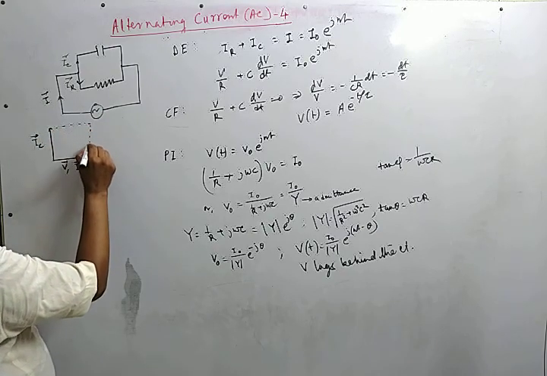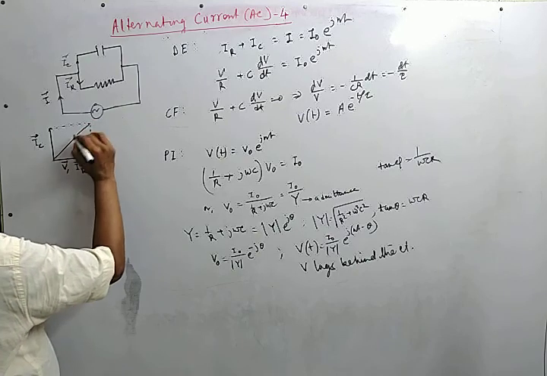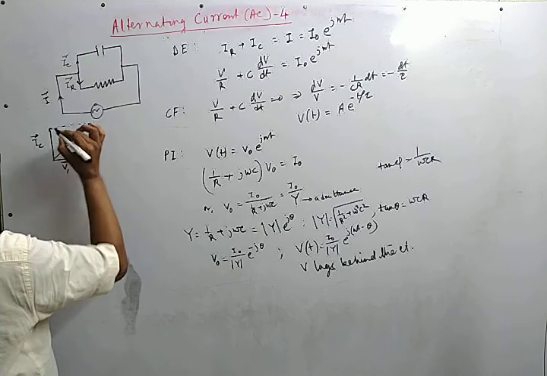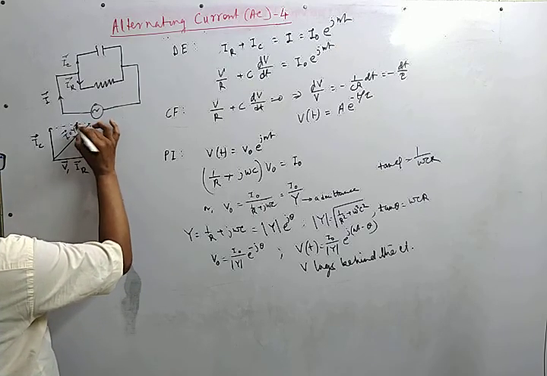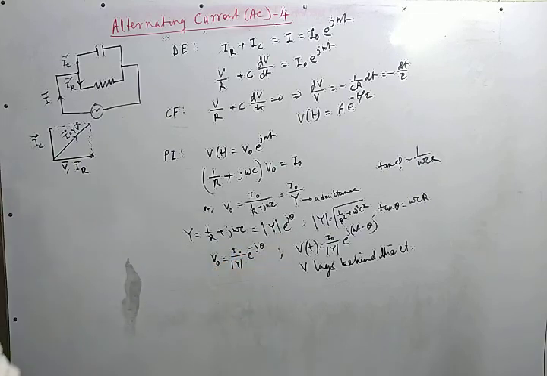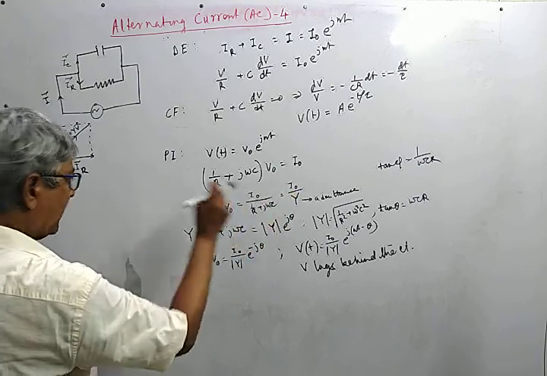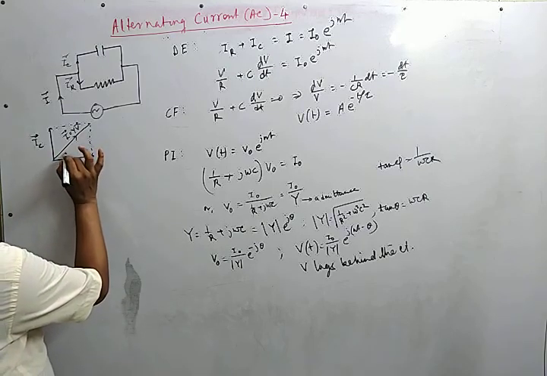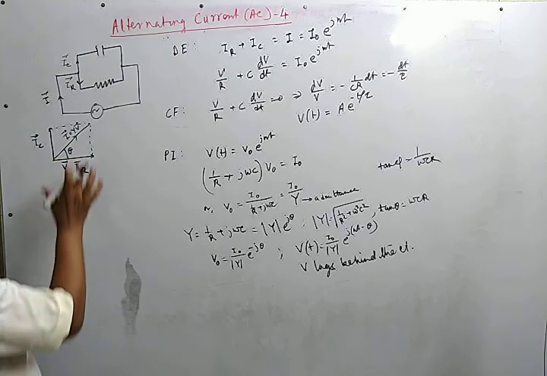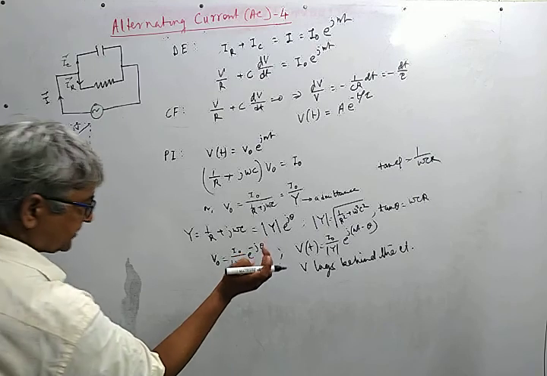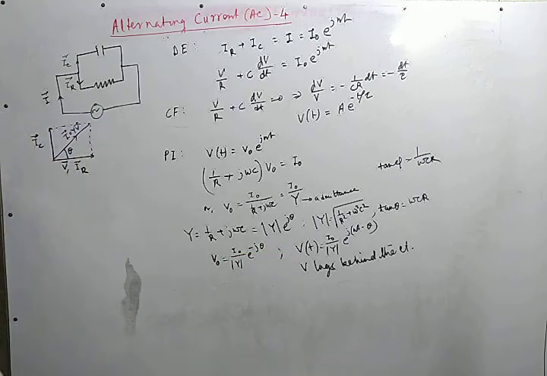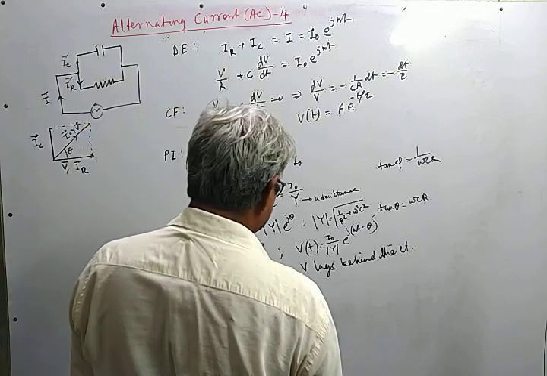If we complete the parallelogram, here it is a rectangle, I get the current I, which is Y times the V phasor that I have introduced here. I is equal to YV. So this angle is theta. You see that current is ahead of voltage in phase, which is just this relation. The voltage lags behind the current.